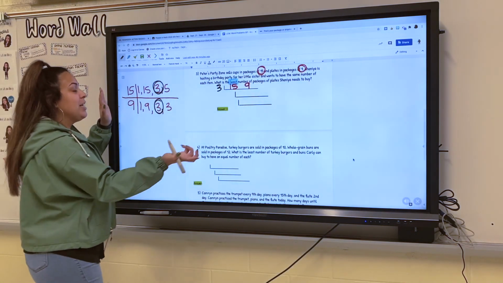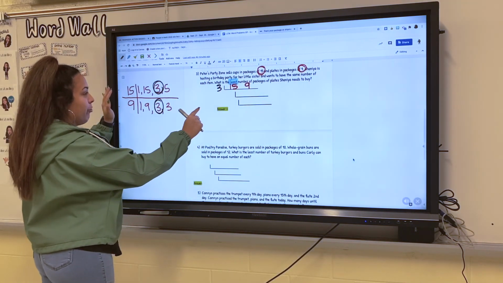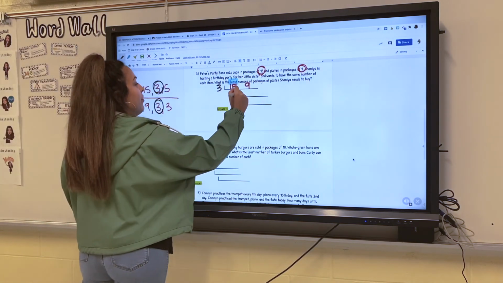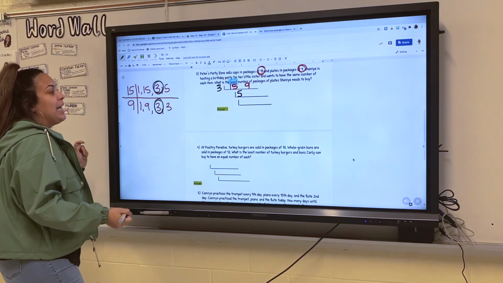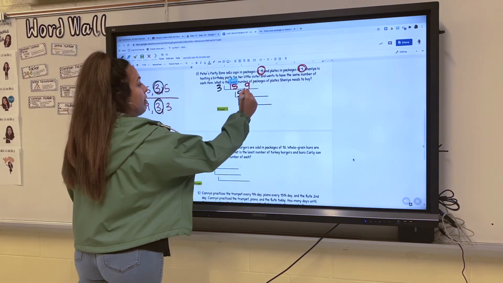So 15 divided by 3 will be 5, because I know that 3 times 5 is 15. And then 9 divided by 3 is 3.